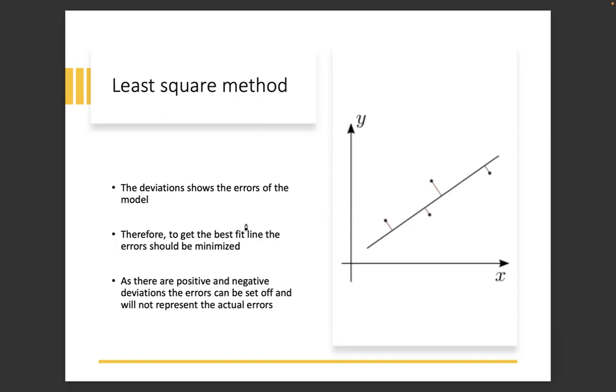So in least square methods, the deviations show the errors of the model, and therefore, to get the best fit line, the errors should be minimized. As there are positive and negative deviations, the errors can be set off and will not represent the actual errors there.